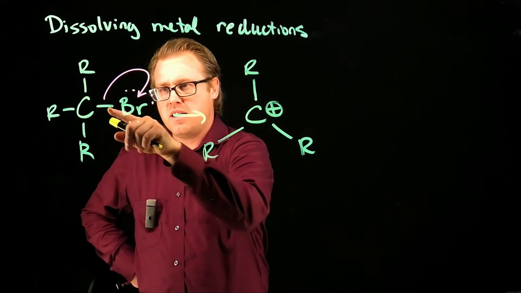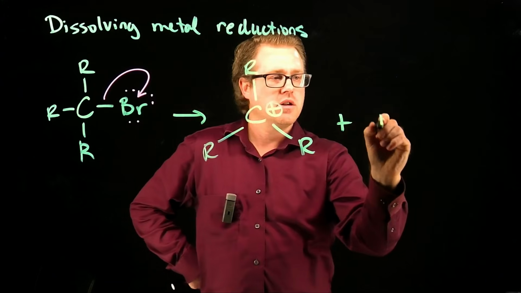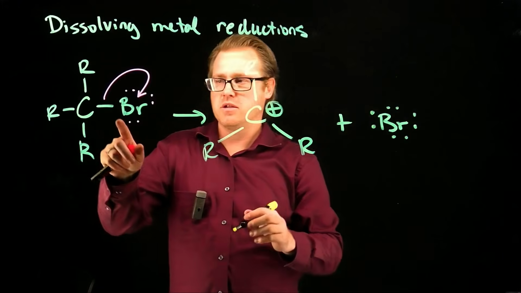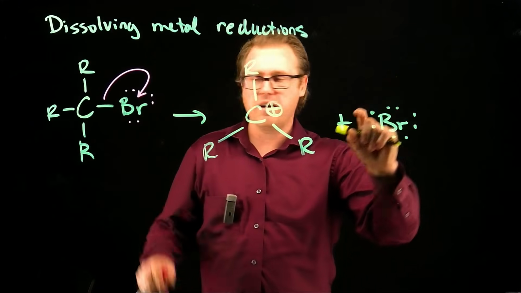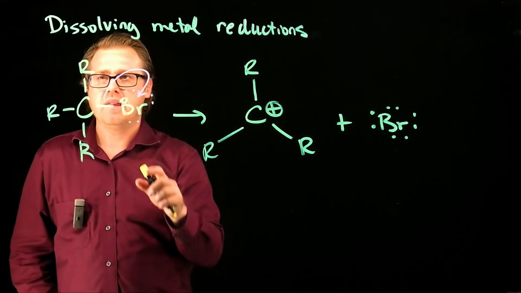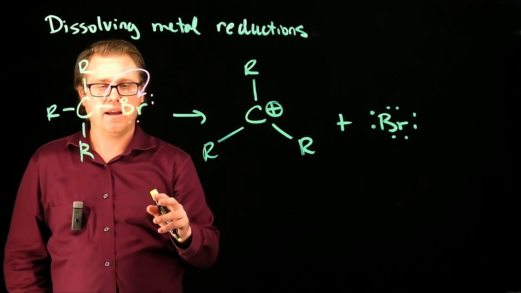But the 2 electrons all went to the bromide. So these 2 electrons right there came from that bond. And so it's the arrow that is showing you what's going on here.